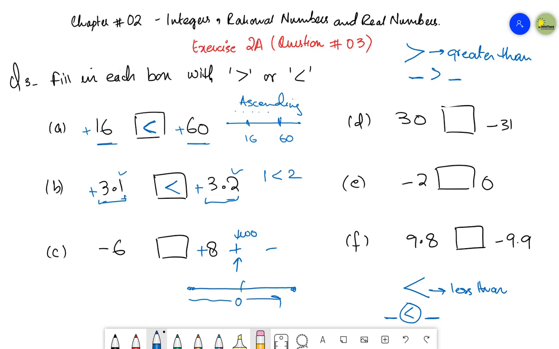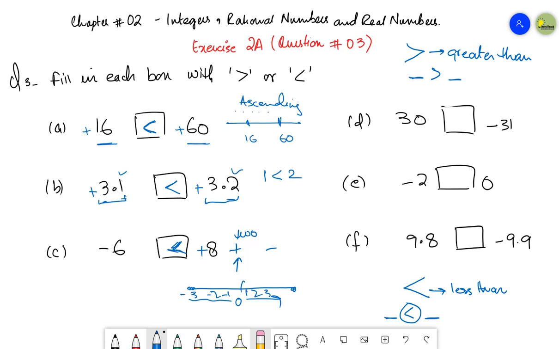Here you have 0, 1, 2, 3, the positive numbers, whereas before 0, you have all the negative numbers. So a negative number is always smaller than a positive one. So if you have minus 6 and plus 8, 8 is going to be the greater one. So again, we are going to use the less than symbol, because minus 6 is less than plus 8.